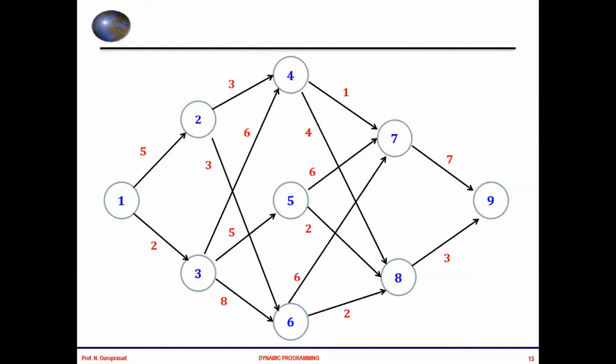And at every iterative step, listen carefully, we are going to do the calculation with respect to one stage. With respect to one stage, whether it is a forward approach or backward approach, that is immaterial. But whichever approach you use, the calculation will be done with respect to the vertices of that stage.